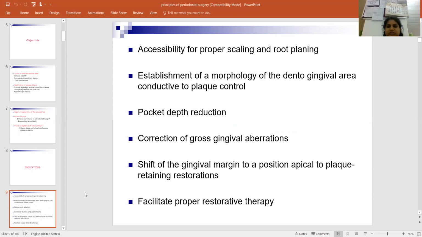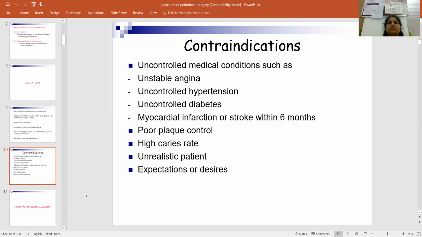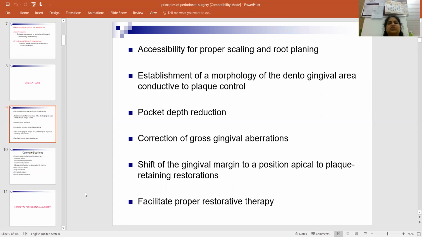Establishment of the morphology of the dentogingival area conducive to plaque control, pocket depth reduction, and the correction of gross gingival aberrations. Shift of the gingival margin to a position apical to the plaque-retaining restoration and to facilitate proper restorative therapy. So these are the indications of flap surgery.